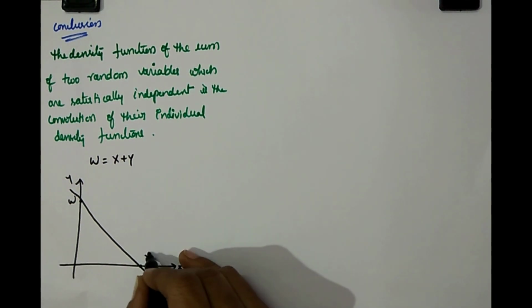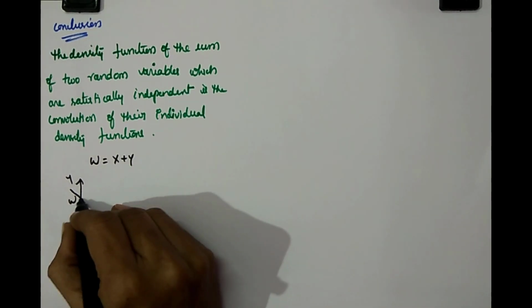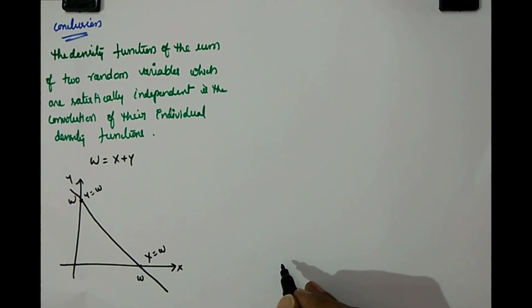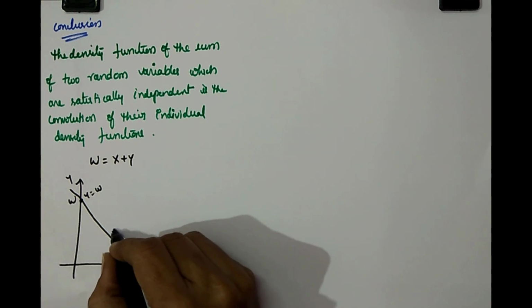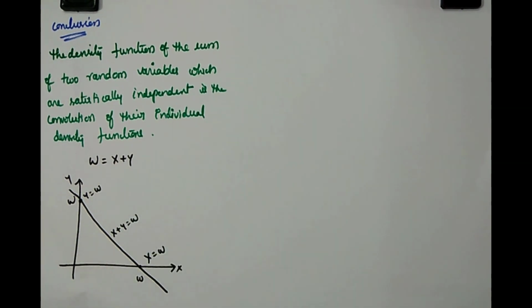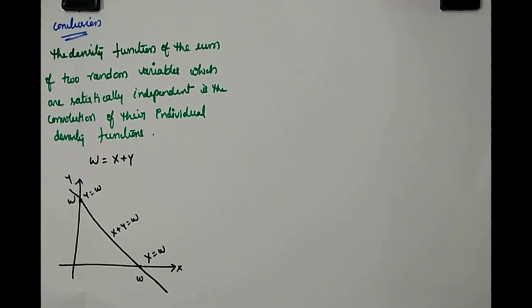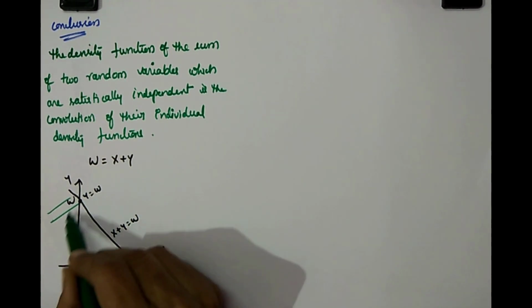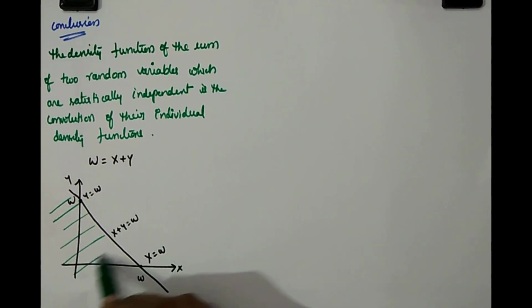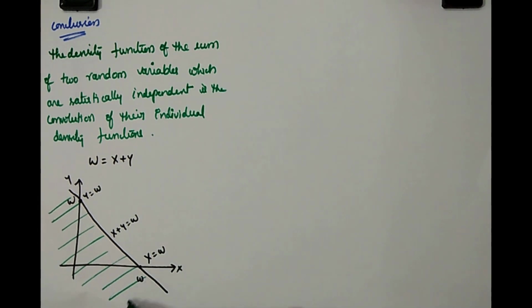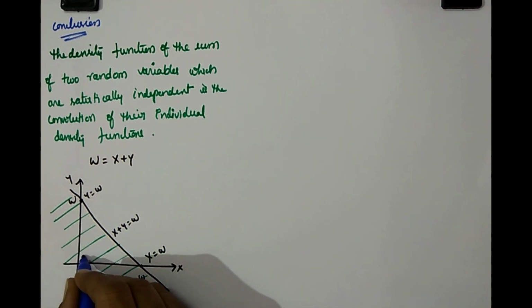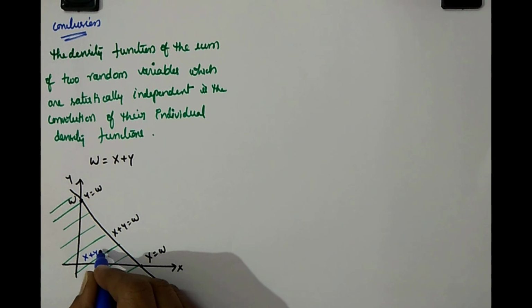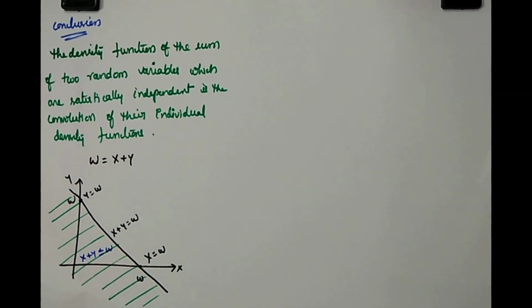This is nothing but X is equal to W. And this is nothing but Y is equal to W. Then what is this line? X plus Y is equal to W. Then the below one, this is all nothing but X plus Y less than or equal to W. This is 0.